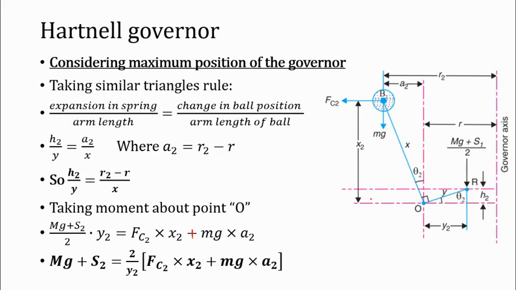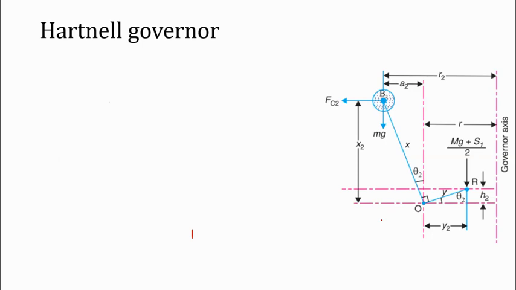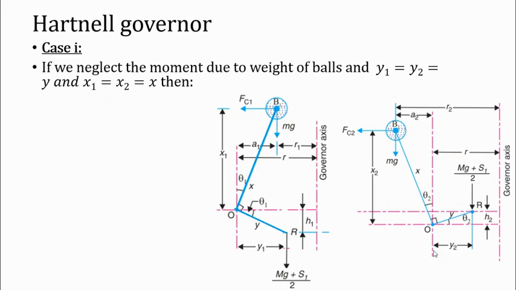Let us see what this means. If we neglect the moment due to the weight of the balls, we are considering y1 equal to y, y2 equal to y, x1 equal to x, and x2 equal to x.